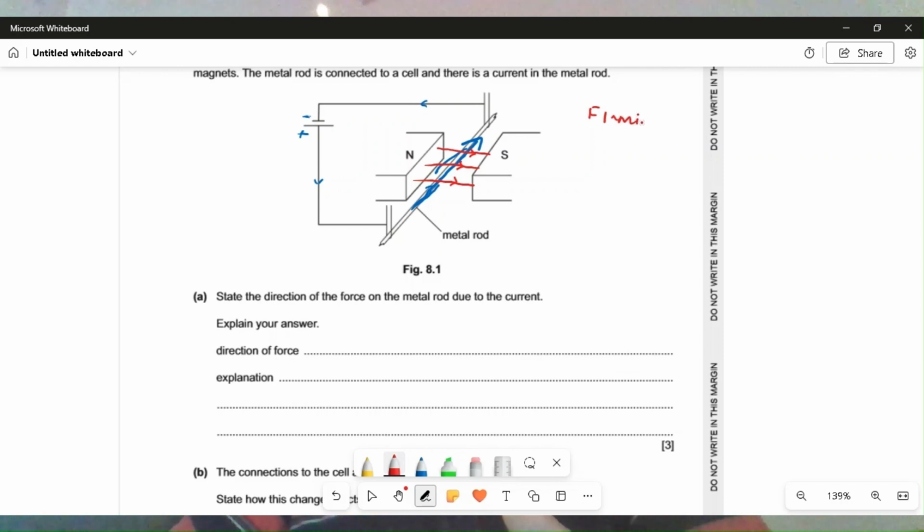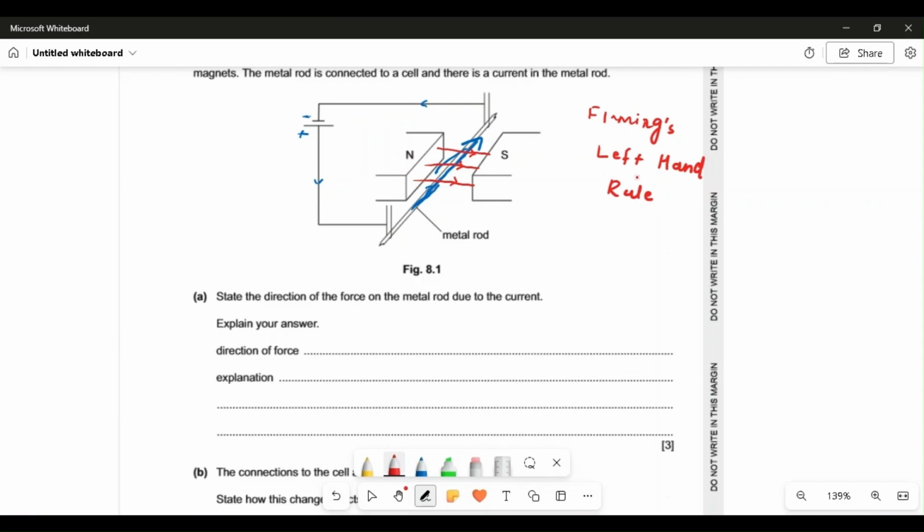Fleming's left hand rule says that if we extend three fingers of our left hand, including thumb, our first finger and middle finger, stretched perpendicular to each other, the thumb represents the force, the first finger represents the magnetic field, and the middle finger represents the current.